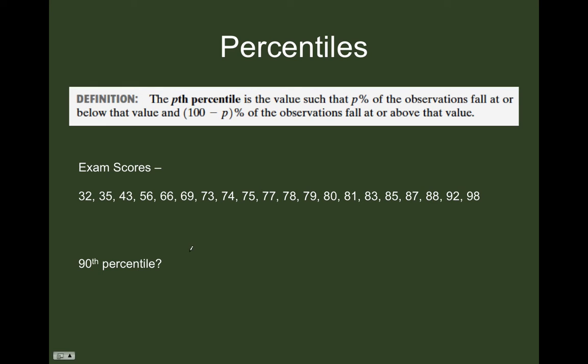If n is 20, then 90% of 20 is 18, which means I should count 18 data values, and 88 would be what I call the 90th percentile. And remember, the p% have to fall at or below. So that's how we calculate the 90th percentile.